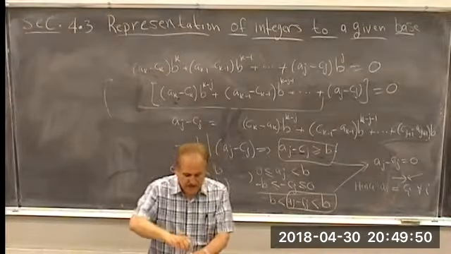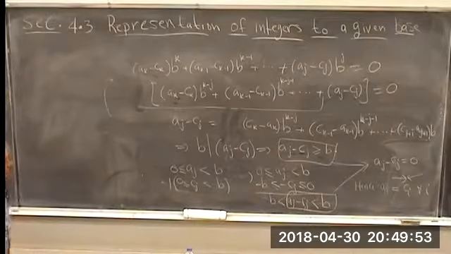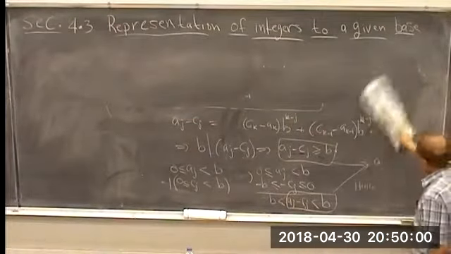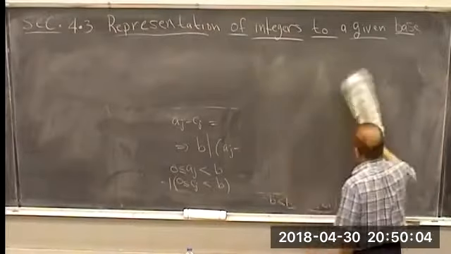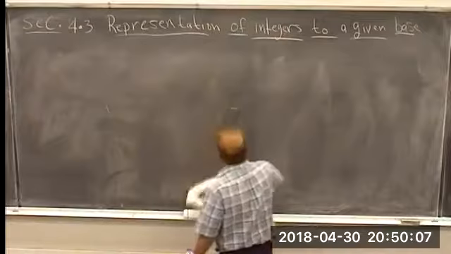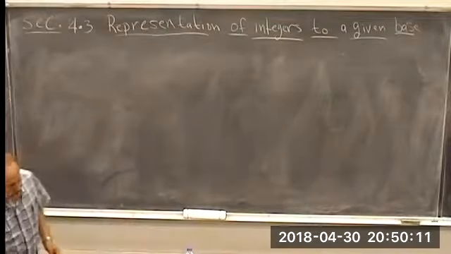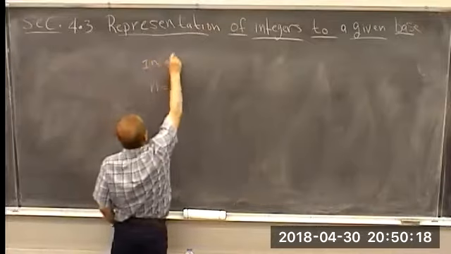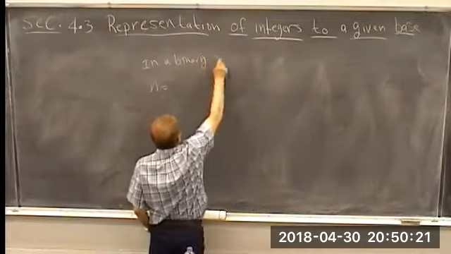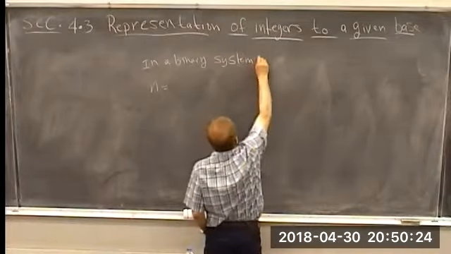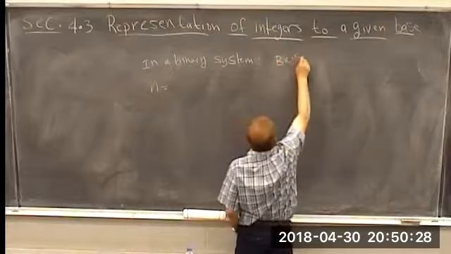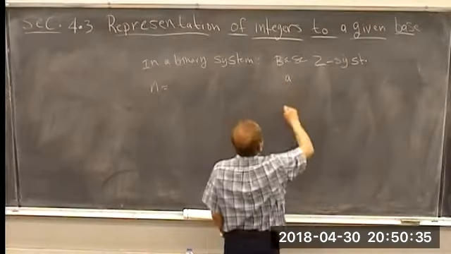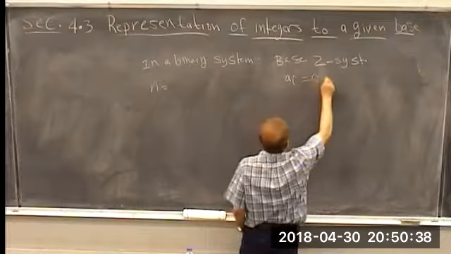As a corollary to this, when you look at the binary representation where we use only zeros and ones, so in a binary representation, if you write a positive integer in the binary system, that is base 2, remember the A sub i is going to be either 0 or 1.